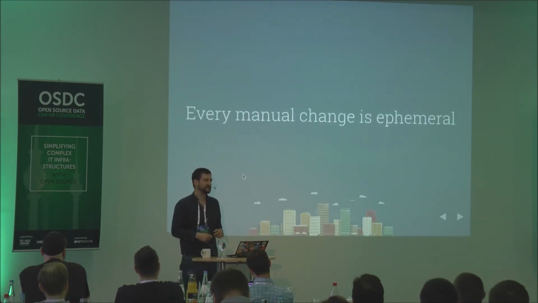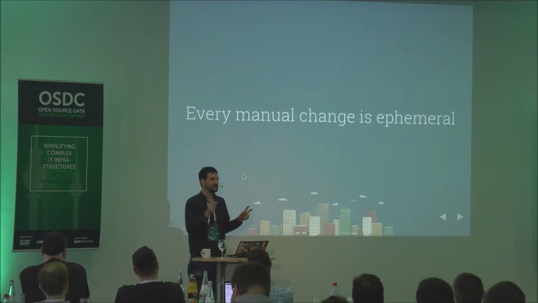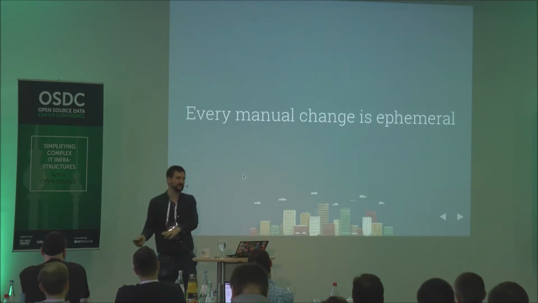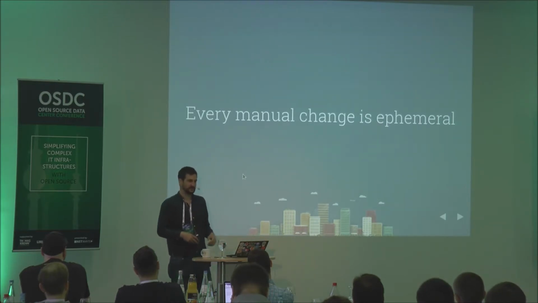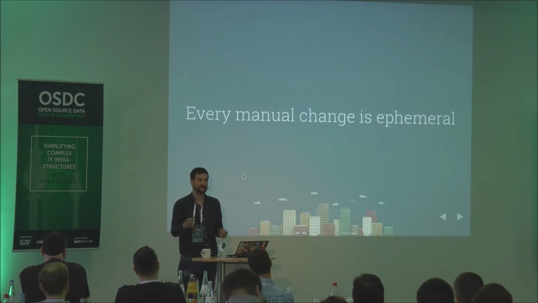And every manual change on the systems is ephemeral, because we're also managing what should not be on the machines. If you have scripts that go to your machines and install something, you probably don't remove things that shouldn't be installed. I mean, who's doing that with Ansible? Removing every package that shouldn't be on your machines.